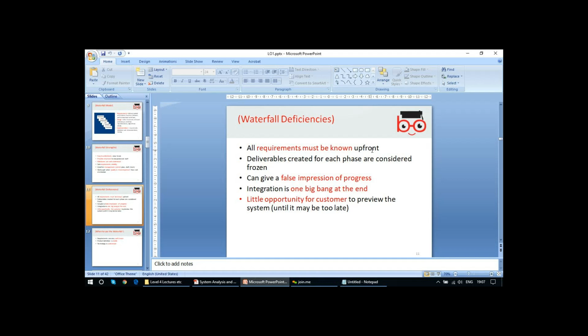So if you wanted the requirements, you got the requirements, you lock them. The user cannot change the requirements at all. If you did the analysis, you spent the time on the analysis, you cannot do it again. When you finalize the design, you move to the implementation, and then after implementation you go to testing and deploy.